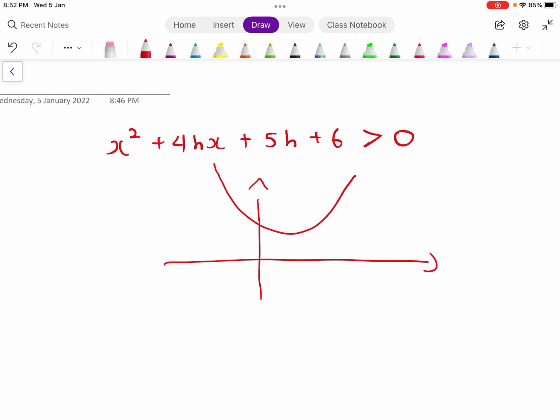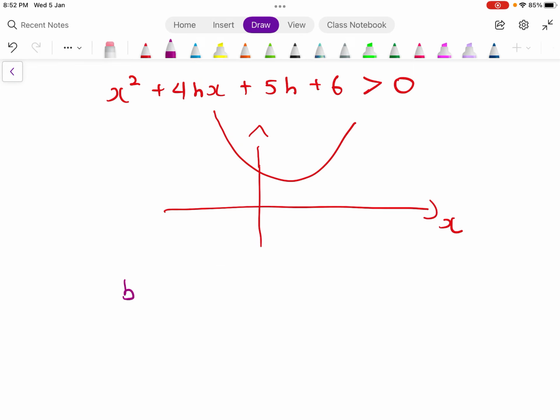It's always positive, so it's above the x-axis. So of course, the next thing I will need to put down is our b squared minus 4ac less than 0, because this is the case number 3.